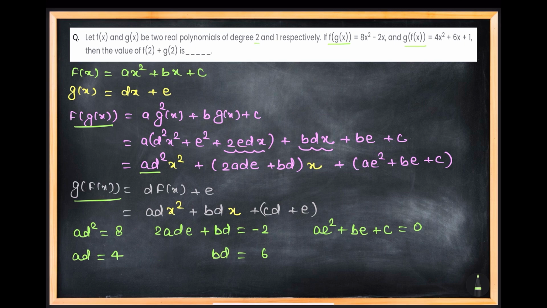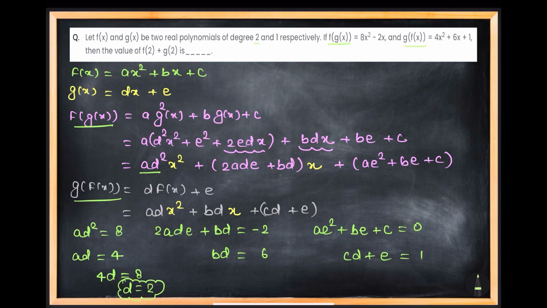Now the constant component cd plus e is 1. Now be super slow. And if you compare these two components, you can write 4 times d equals 8. Okay, 4 times d equals 8. So d is equal to 2.